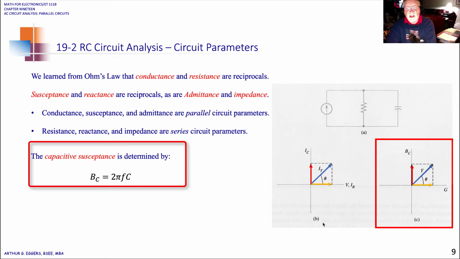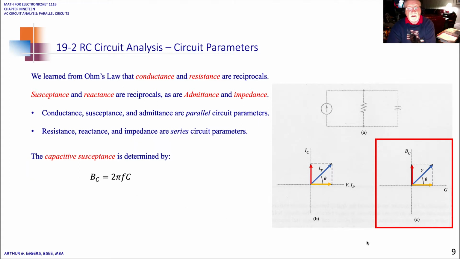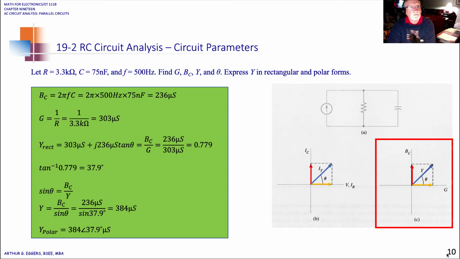So we can see here the evidence is that we have inverted 2 pi fC and called it now capacitive susceptance, or B sub C. So let's put it to work and see how we use it in circuit analysis and parameters.